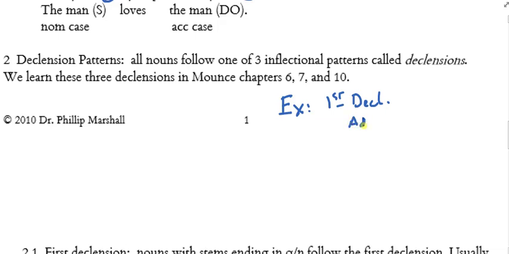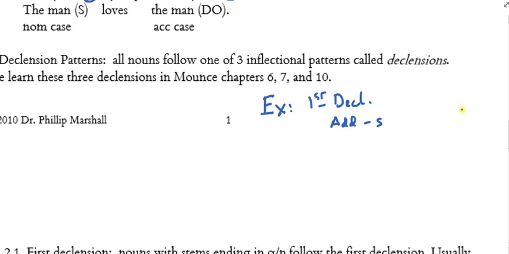So we'll call the first declension pattern add an S to make it plural. What would be some examples of nouns that would follow our so-called first declension in English? This is not really what English uses, okay? We don't really have declensions called first declension, but we're making this up. What would be some examples of this? Okay, good. So Bible. In English, I formed the plural of Bible by adding S. Good. Give me one more. But you're cheating. I already gave you that one. But you're right. So book becomes books. So let's call that the first declension.